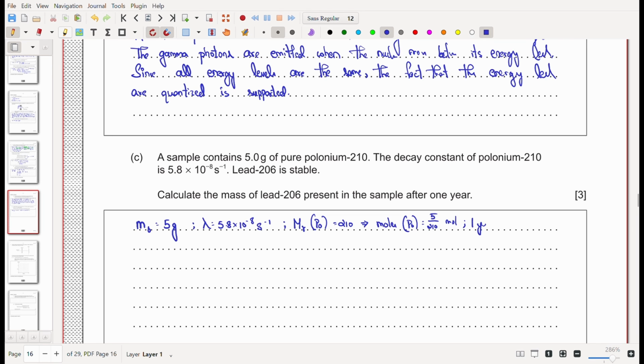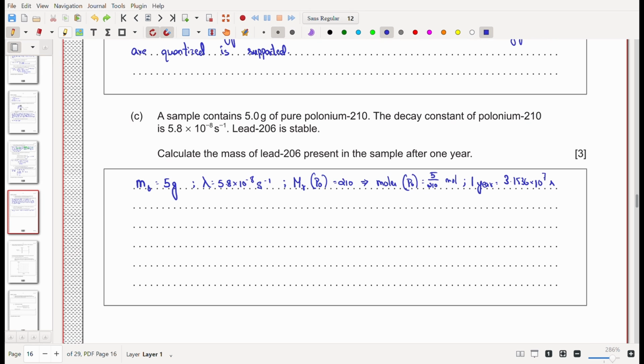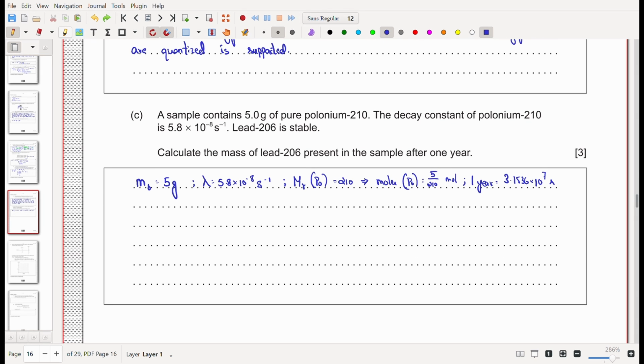And finally, let's take 1 year is equal to 3.1536 × 10^7 seconds. Or you can just do this by multiplying 24 times 60 times 60 times 365 in your calculator, and you get your answer. Since we're working with seconds over here, I figured it was wise to use seconds there too. Now, let's go ahead and find our undecayed mass.